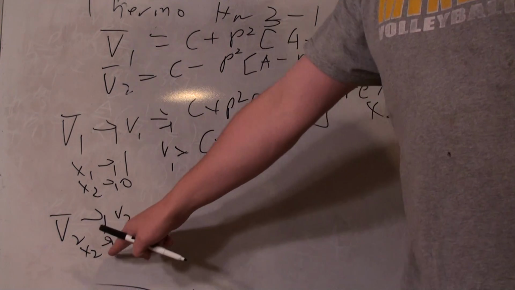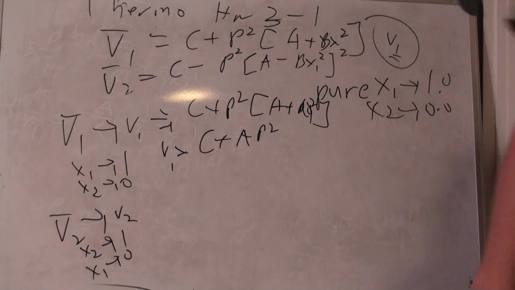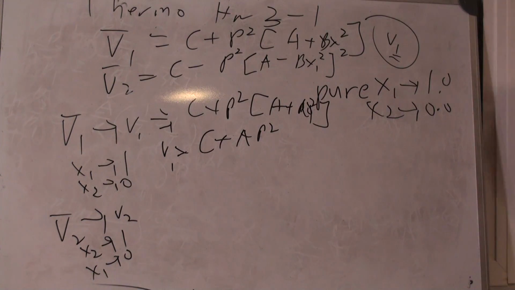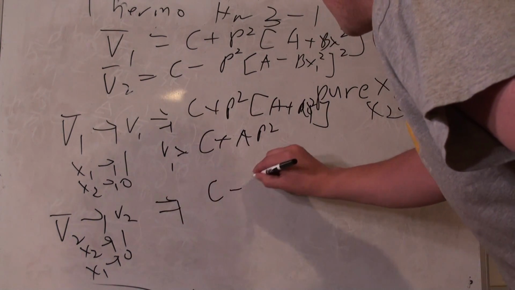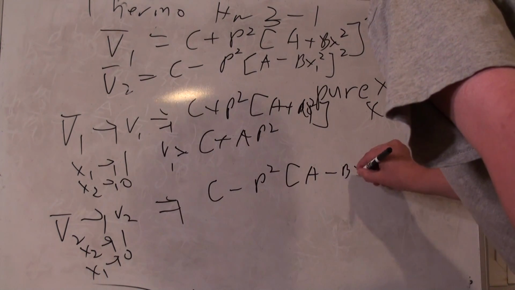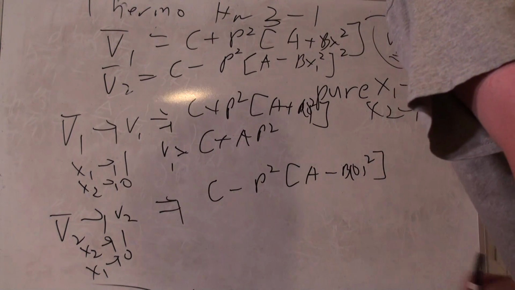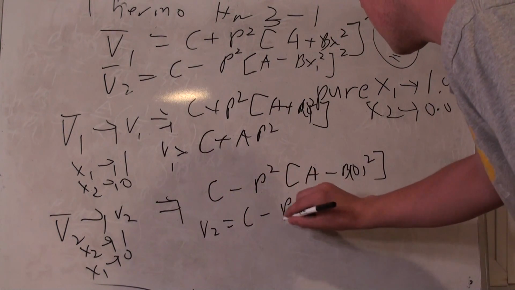So really this is the cause, this is the effect. But I do the same thing. Okay, so this means that I got C minus P squared times (A minus B times 0 squared) again. And so that means v2 is equal to C minus AP squared.